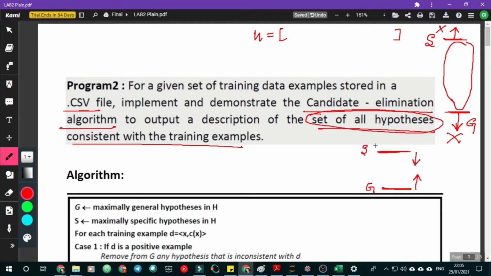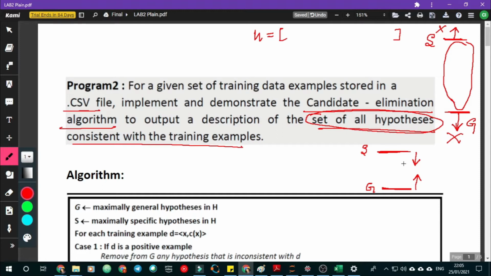So specific is moving towards general and general is moving towards specific. That's why the boundary is becoming narrower as we read the data samples. So this is what the candidate elimination algorithm is.